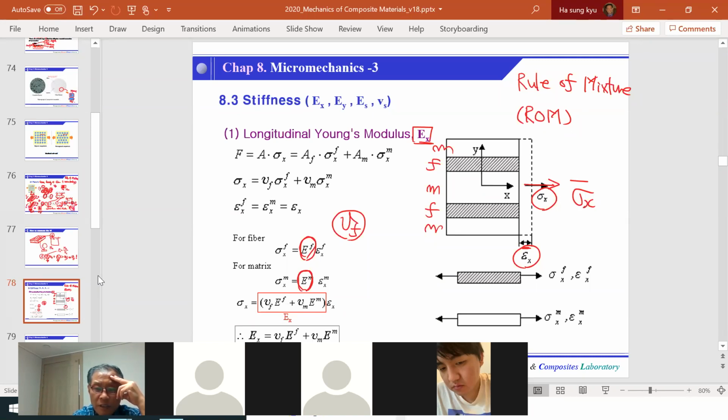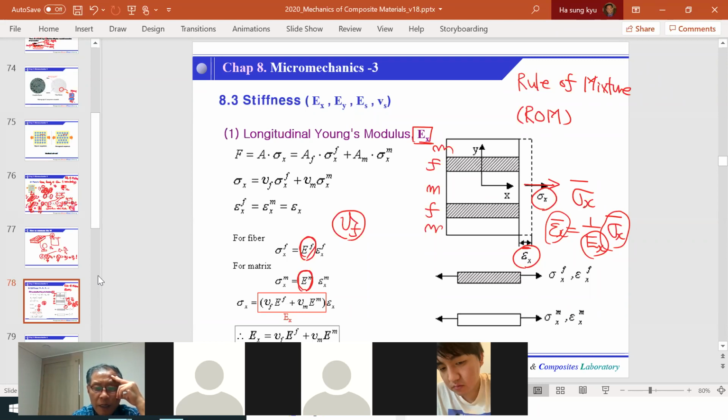So by definition, epsilon x bar equals 1 over E x times sigma x bar. Of course, there can be a Poisson's ratio, but here we neglect Poisson's effect. Okay, and these are simple stress-strain relations, and this is the definition of the Young's modulus.